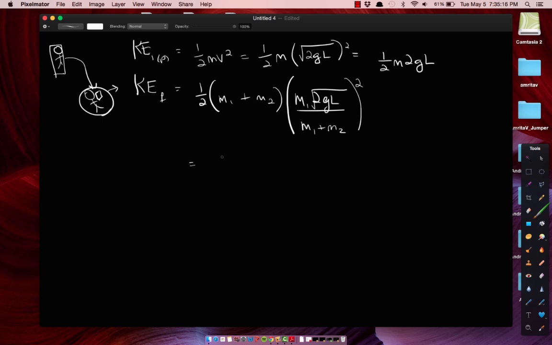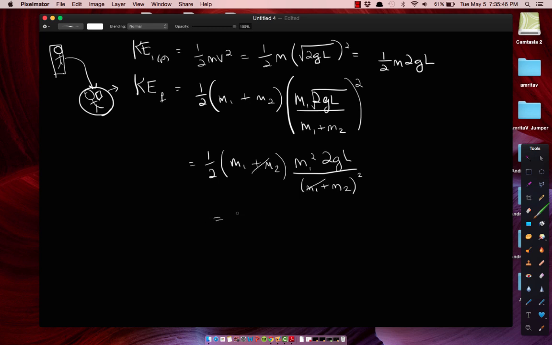So with some algebraic simplifying, this is equal to 1/2 times m1 plus m2 times m squared times 2gl, since we're squaring everything in the parentheses, over m1 plus m2 squared. There's an m1 plus m2 here and an m1 plus m2 here, so we can cancel some things out.